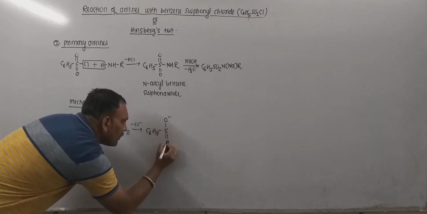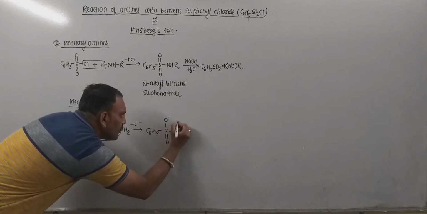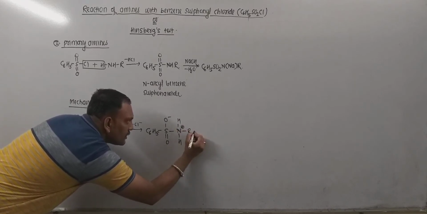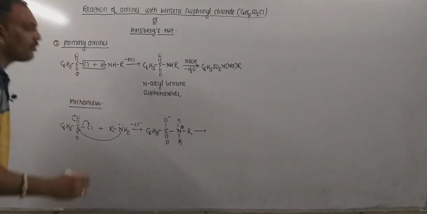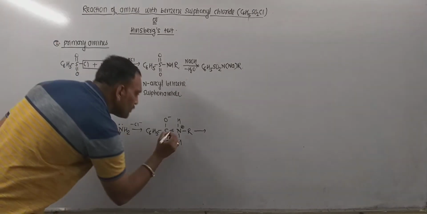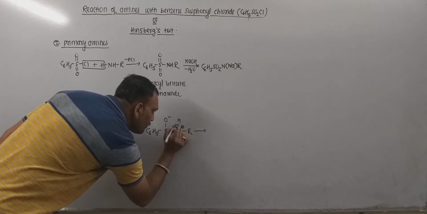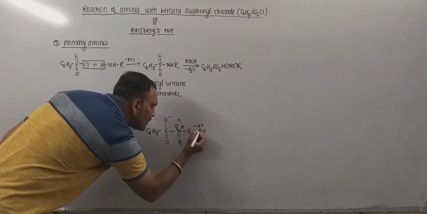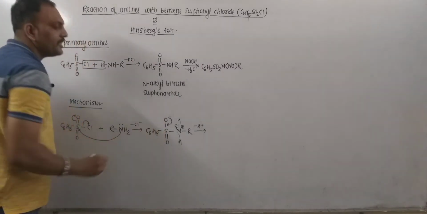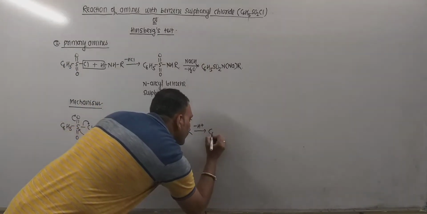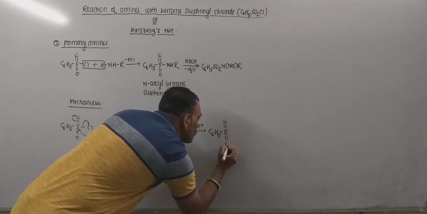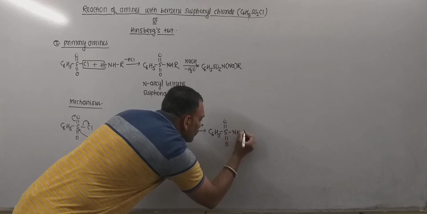C6H5SO(-)=O NHR. Now nitrogen uses its lone pair, that's why it acquires a positive charge. Later nitrogen attracts this pair, and thereby departure of hydrogen in the form of proton takes place, and subsequently oxygen puts its pair like this, and that leads to the formation of C6H5SO2NHR.